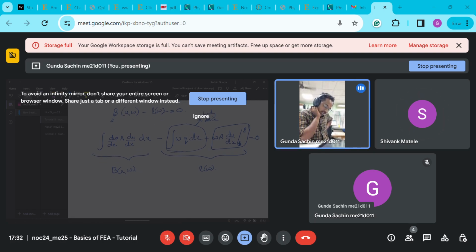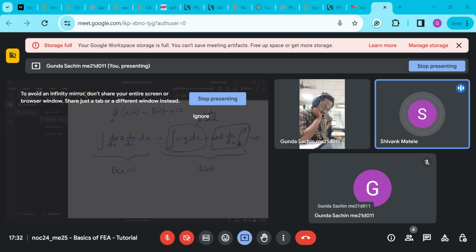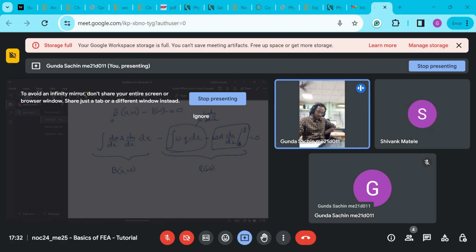But what do we get by this bilinearity? What is the use when we say it's bilinear? Only thing is that at the end we say the K matrix comes out symmetric if it is bilinear.